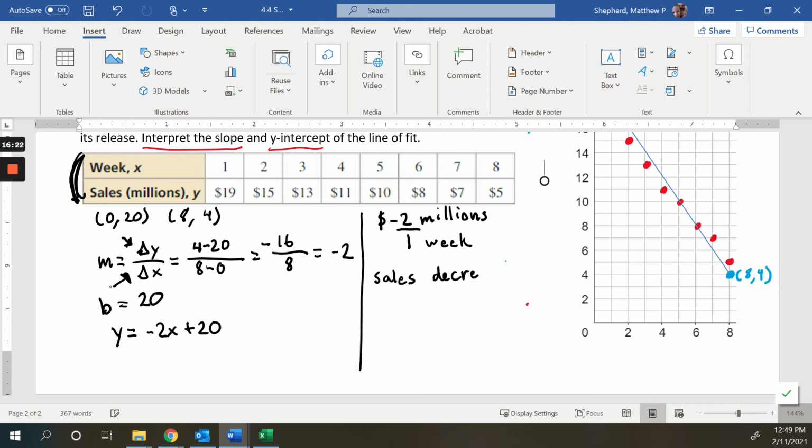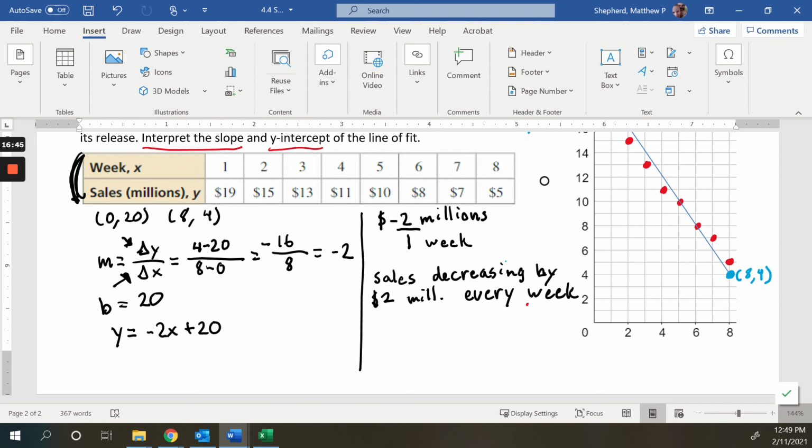So sales are decreasing by $2 million every week.